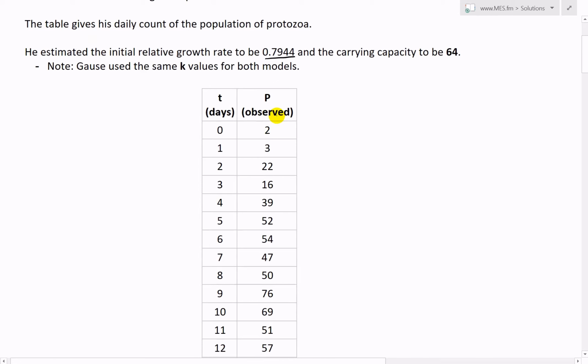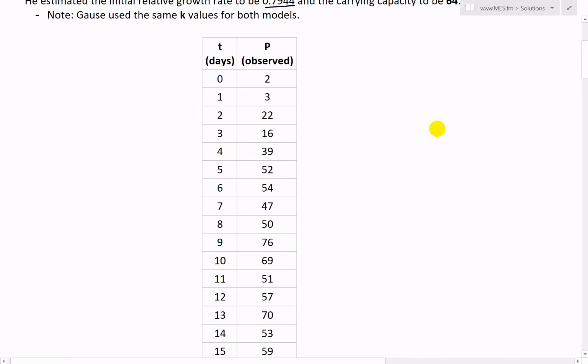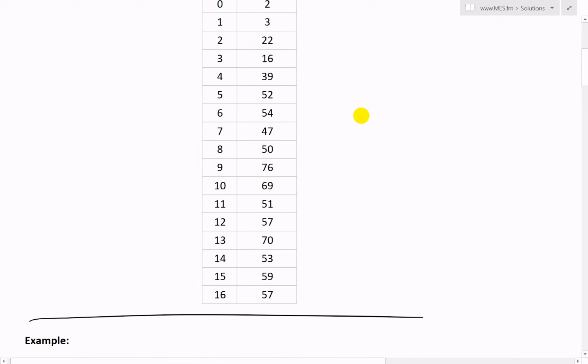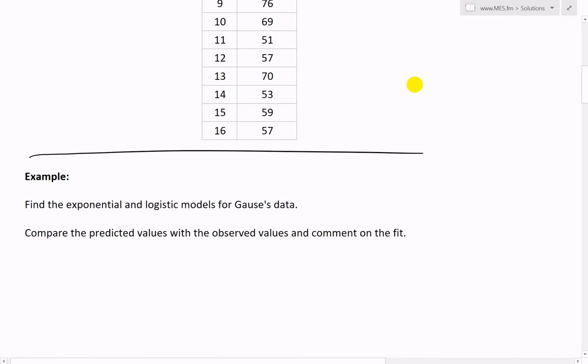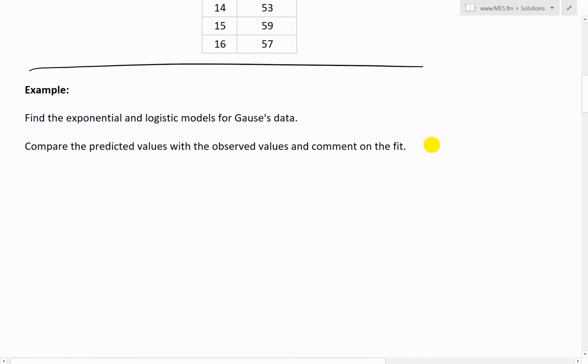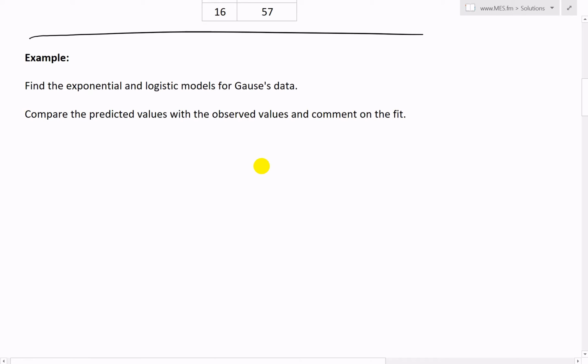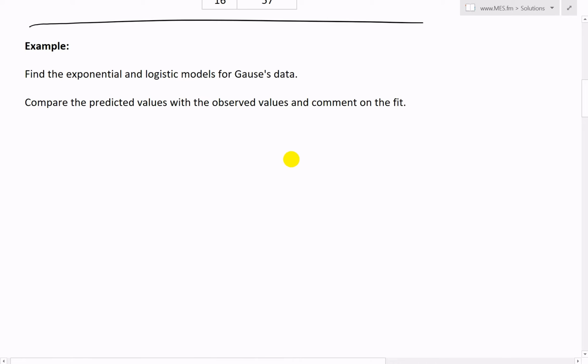On the first day it's 2, and then after 16 days it goes all the way to 57, and that's the observed data. So the example states, find the exponential and logistic models for Gause's data. The exponential is the typical basic natural growth formula. It says compare the predicted values with the observed values and comment on the fit.